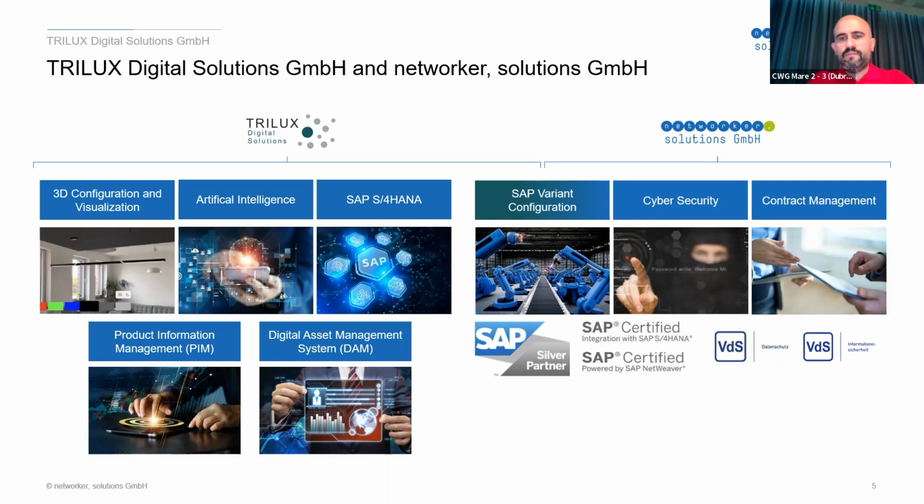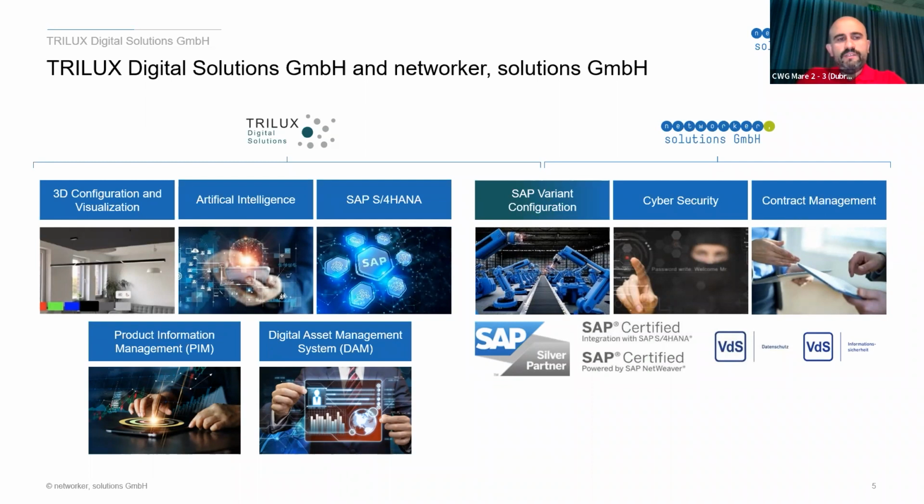As you can see on the right side, Networker Solutions has strong expertise in variant configuration, LO-VC, AVC, and all the state-of-the-art stuff. We also have independent departments for cybersecurity and contract management, historically SAP.